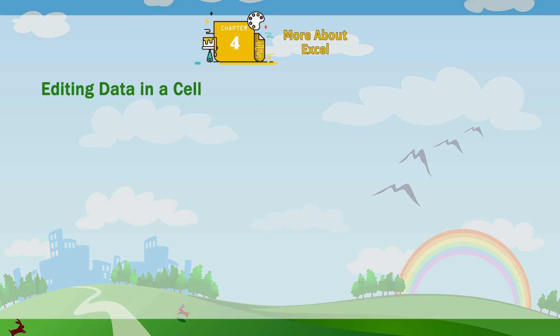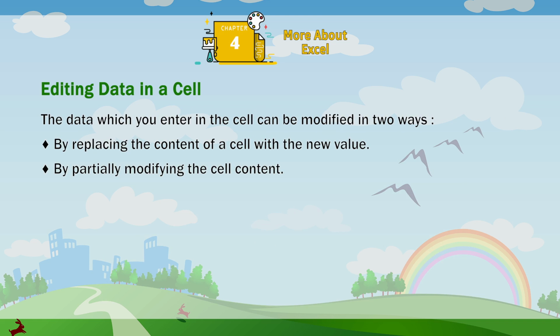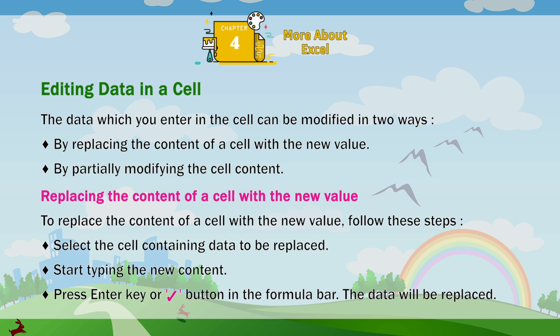Editing data in a cell. The data which you enter in the cell can be modified in two ways: by replacing the content of a cell with the new value, or by partially modifying the cell content. Replacing the content of a cell with the new value.